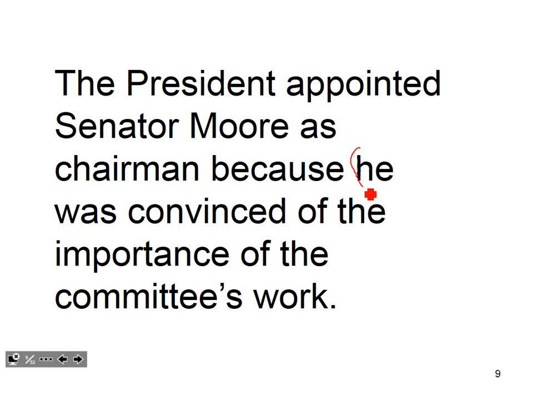So this pronoun he, it's not clear which is the correct antecedent, Senator Moore or the President. So was the President convinced of the importance of the committee's work, or was Senator Moore convinced? We don't know. So that sentence is an example of an ambiguous reference, pronoun reference error.